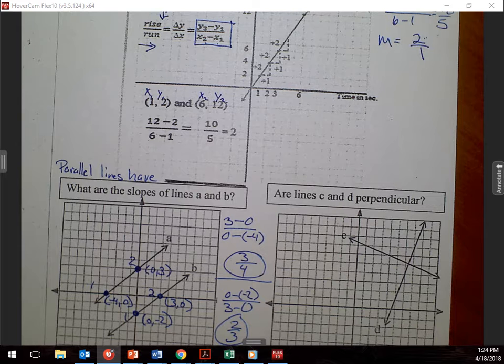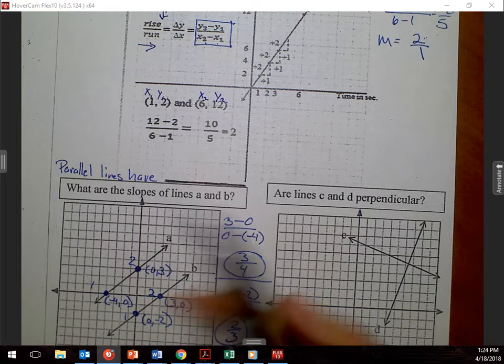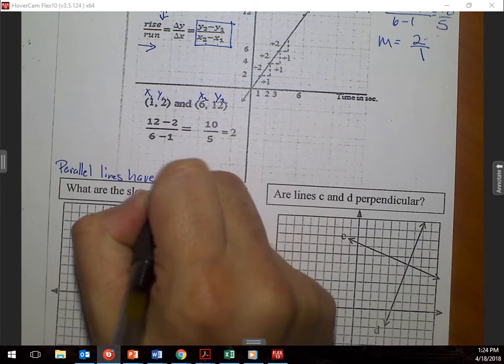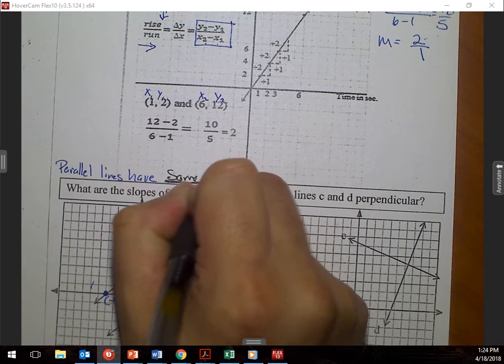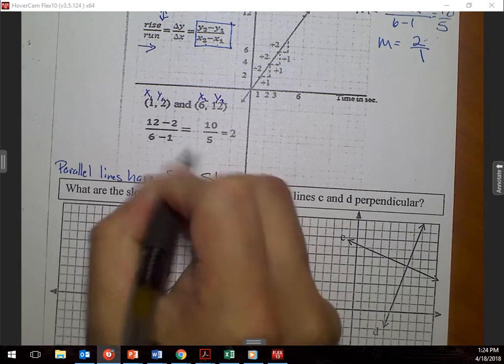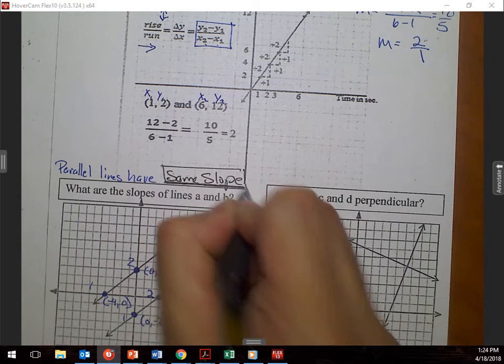What about their slopes? Equal. How would I say that? Parallel lines have the same slope. That's what we're looking for.